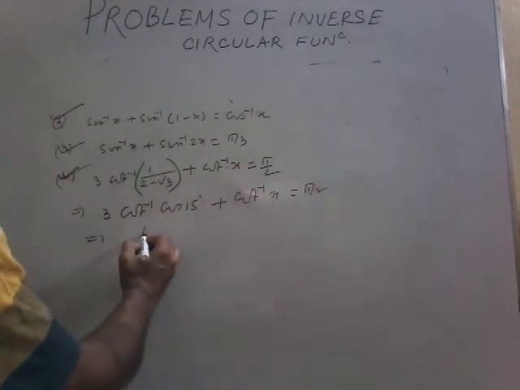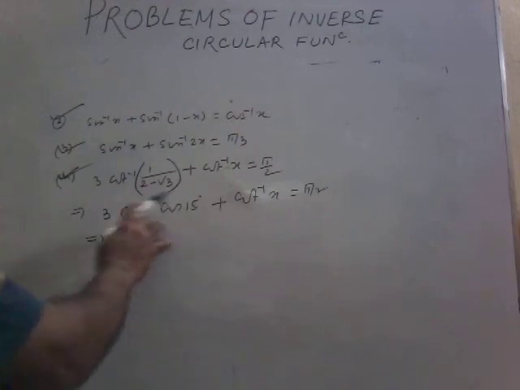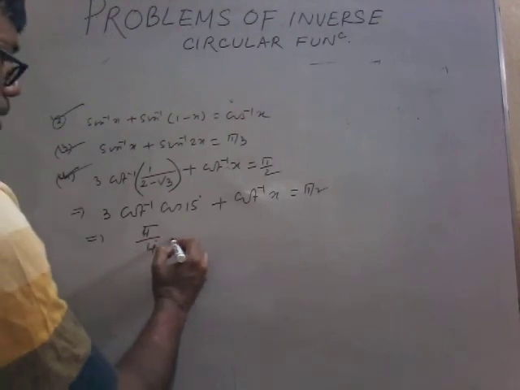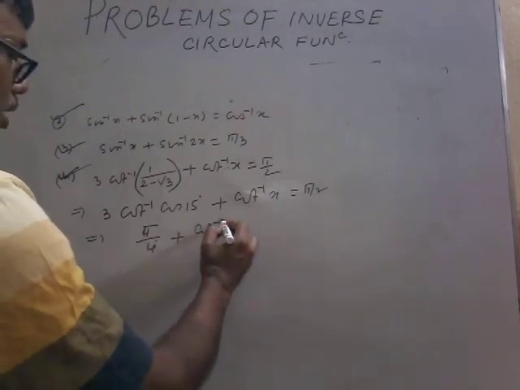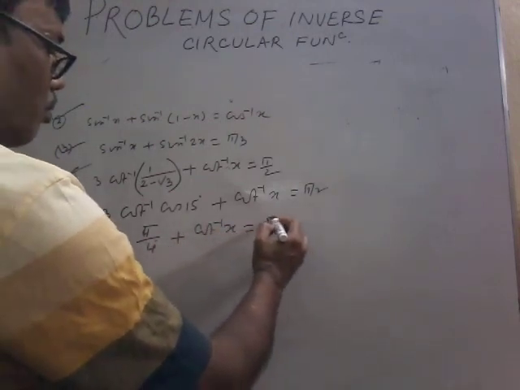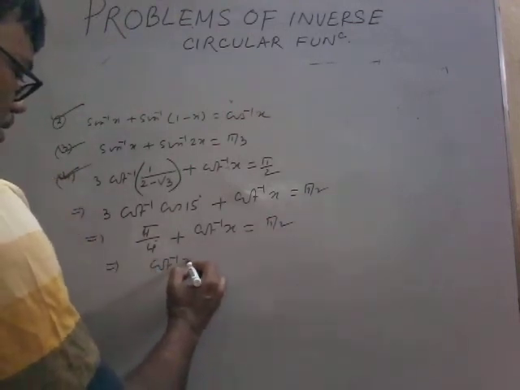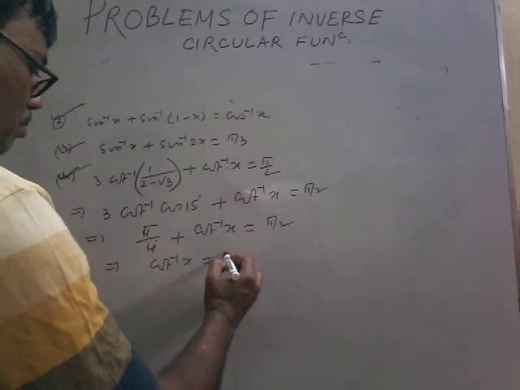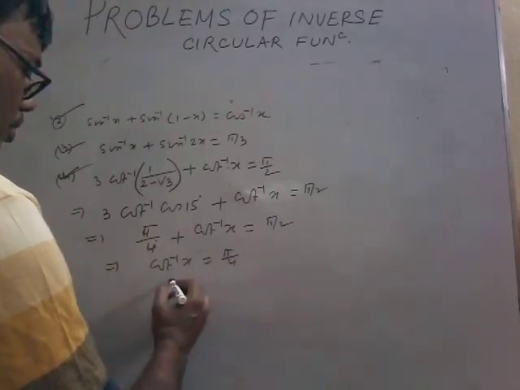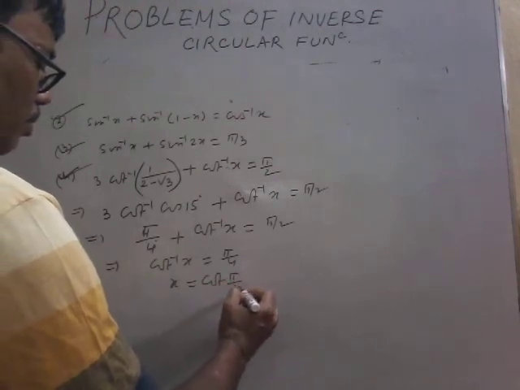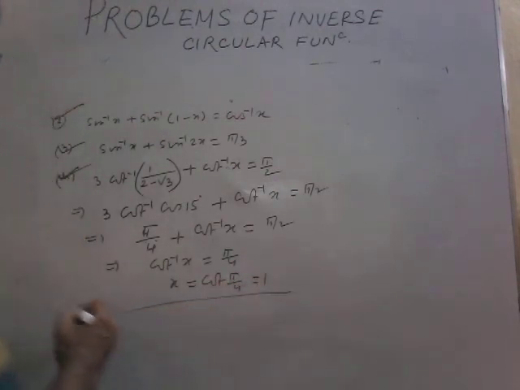So this is pi by 4. In radian, cot and cot inverse absorbed. So pi by 4 plus cot inverse x equals pi by 2. So cot inverse x equals pi by 4. So what is x? Cot pi by 4 equals 1.